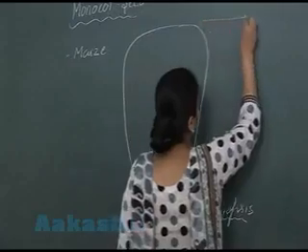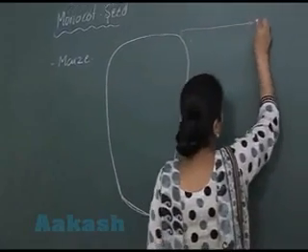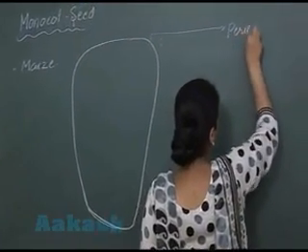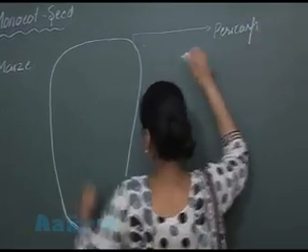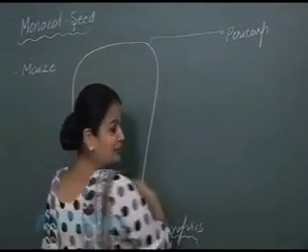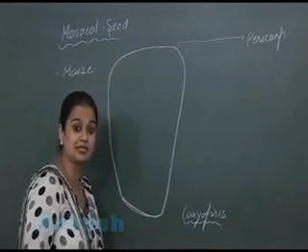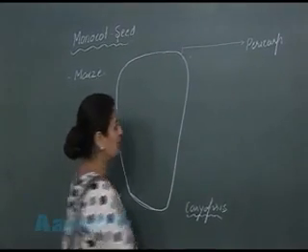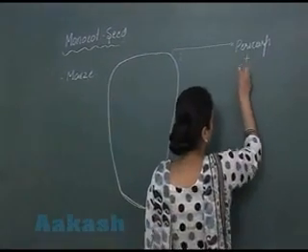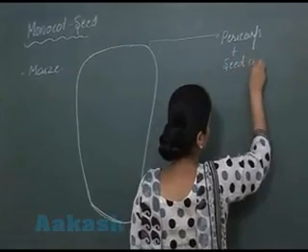Now this is the fruit covering. The covering of the fruit is known as pericarp. And inside this whole fruit there is present one seed. One large size seed is present in the fruit, and the pericarp and the seed coat show fusion.